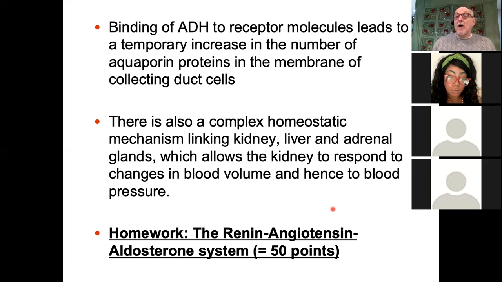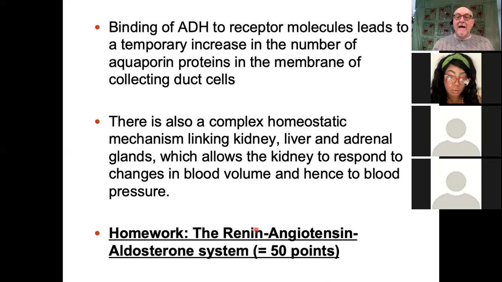But this is homework. This is required. I see I haven't put a time on there, but let me decide. I'll give you a good, reasonable amount of time. I want you to research this in your text, and it's called the renin-angiotensin-aldosterone system. That is a reflection of the hormones which are exchanged between the different parts of the system.